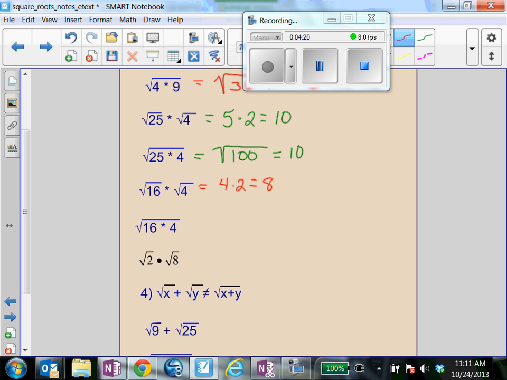It doesn't matter which one you do first, you're going to get the same answer. Well, maybe I don't know what 16 times 4 is. It's 64. But if you don't know that, then it may be easier just to break this up and do the square root of 16 times the square root of 4 like we did in our previous problem, which will give us 8. If we had done it the way that the order of operations tells us to do it, we would have ended up with the square root of 64, which is 8.